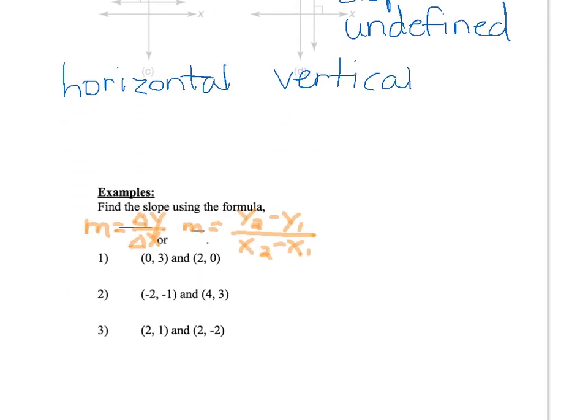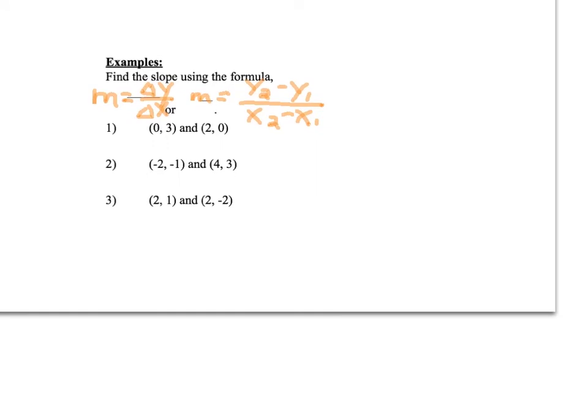And moving on down the line, we come to the slope formula and examples in finding the slope with the formula. We have the change in y over the change in x, and we have the formula y2 minus y1 over x2 minus x1.